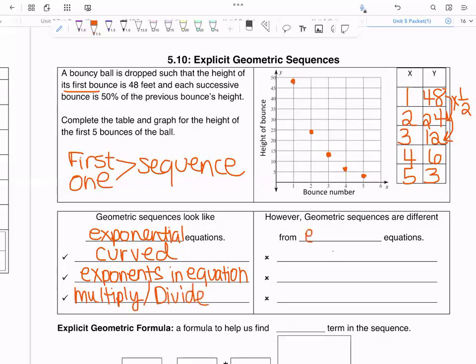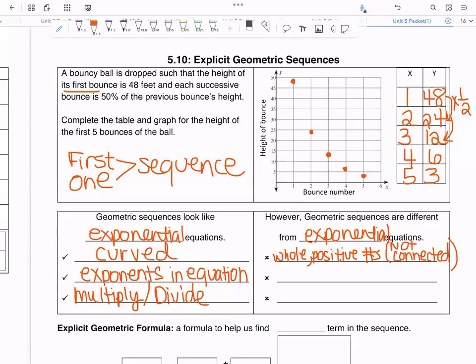However, there are some things that make them different from exponential equations. So with geometric sequences, we have to use whole positive numbers, which means we are not going to connect our dots. Because if we connect them, that includes all the decimals in between.